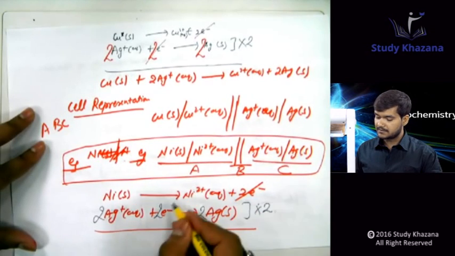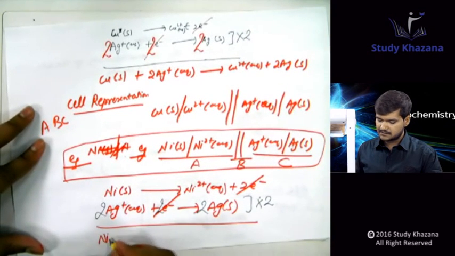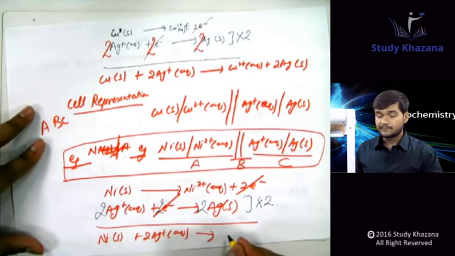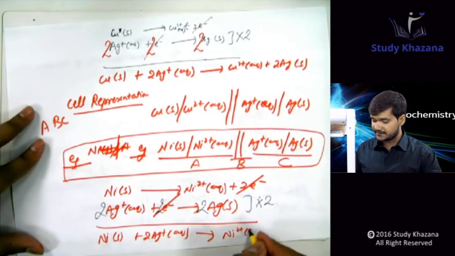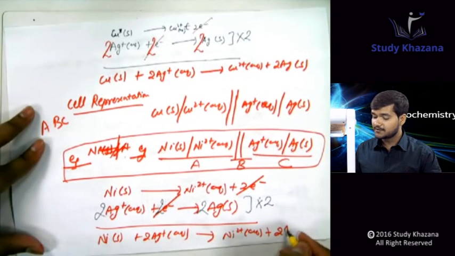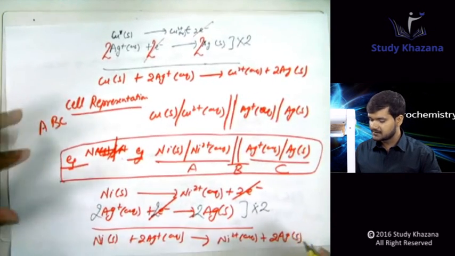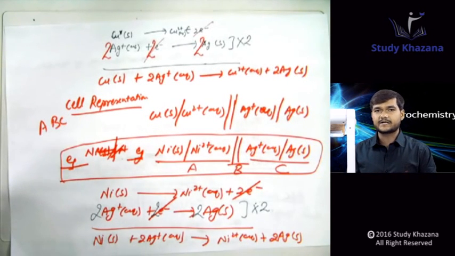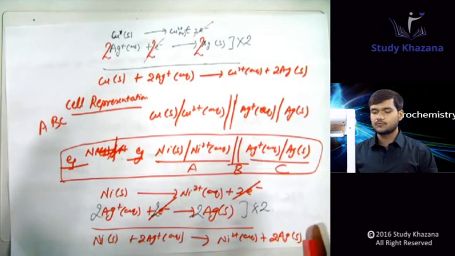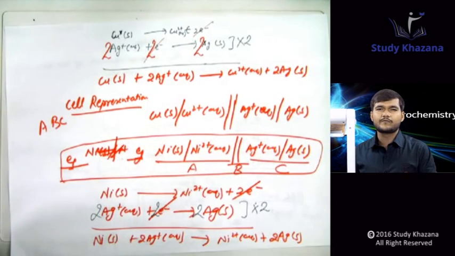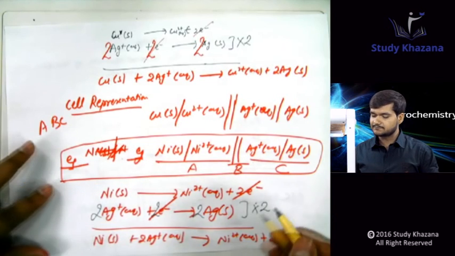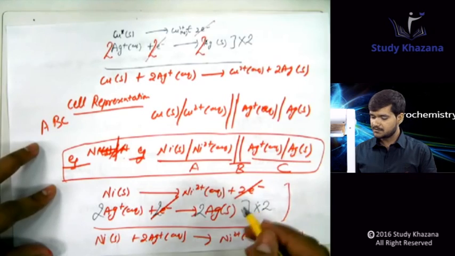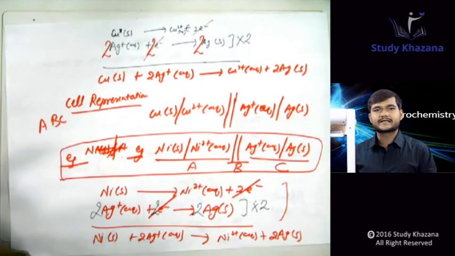So 2 electrons and 2 electrons cancel each other. Nickel solid plus 2Ag+ aqueous gives nickel 2+ aqueous plus 2Ag solid. Very good. I hope you are clear with how we write cell representation. It is important to know the half cell reactions and the overall reactions, because sometimes for writing the cell representation you must know how many electrons are taking part.